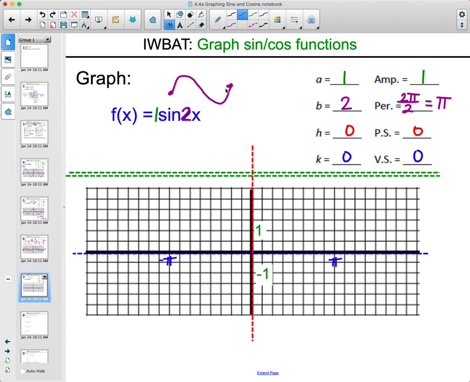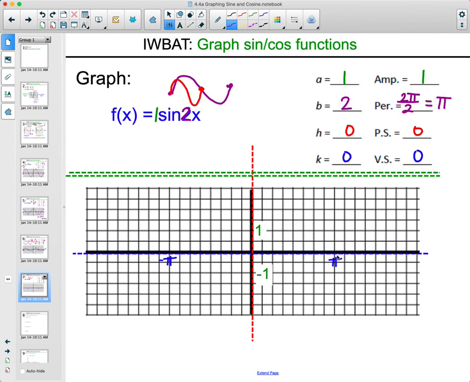So instead of getting through this in 2 pi, it's going to get through this whole thing in pi units. You're going to see a lot more of these maxes because we're going to get double the amount in, which is what b means: how many times can you get a cycle in 2 pi units? Twice. So each period is pi.